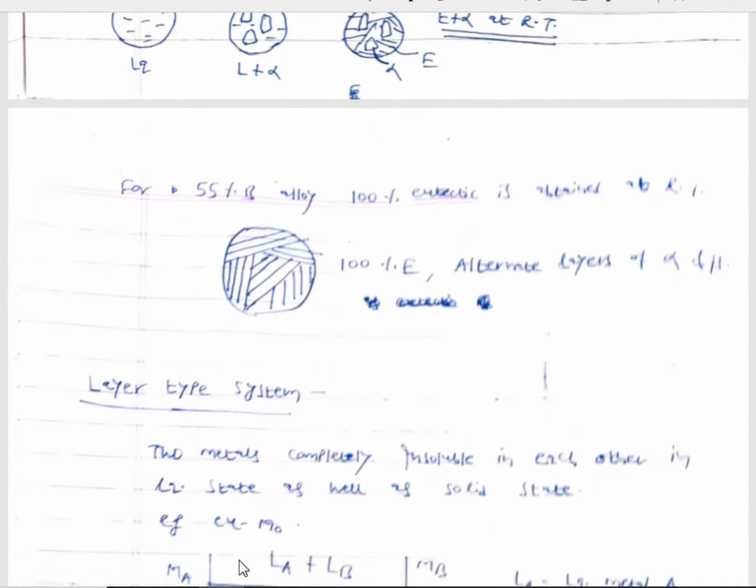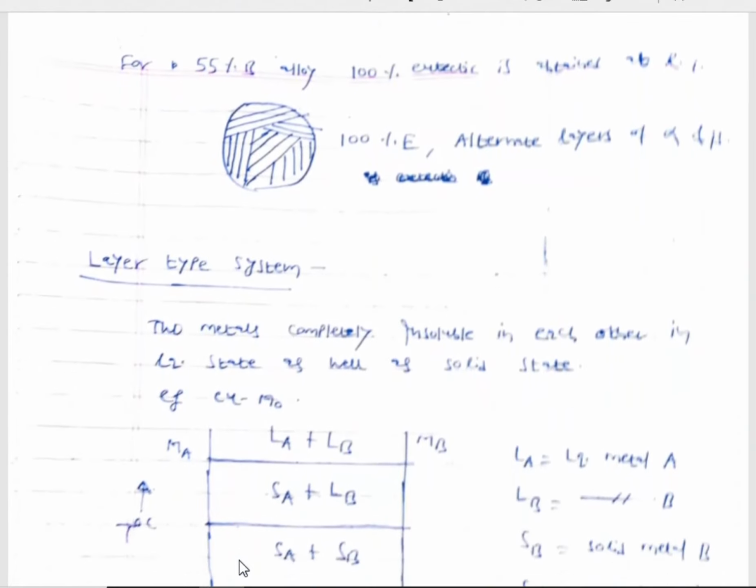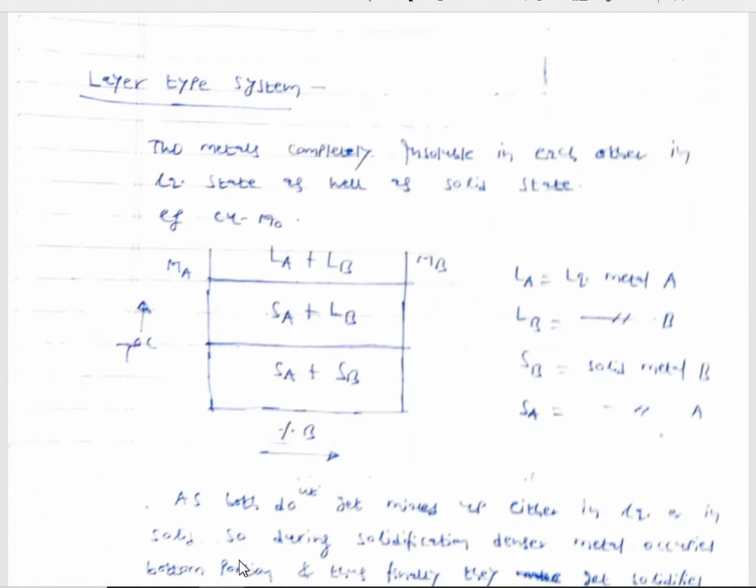So the next type of system is known as the layer type of system. Two metals completely insoluble in each other in liquid state as well as solid state. Example is copper, molybdenum.